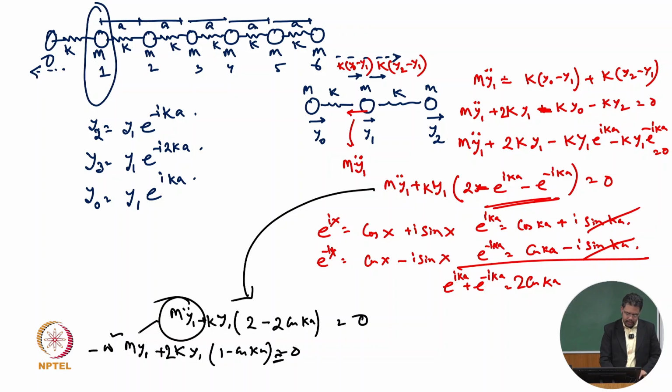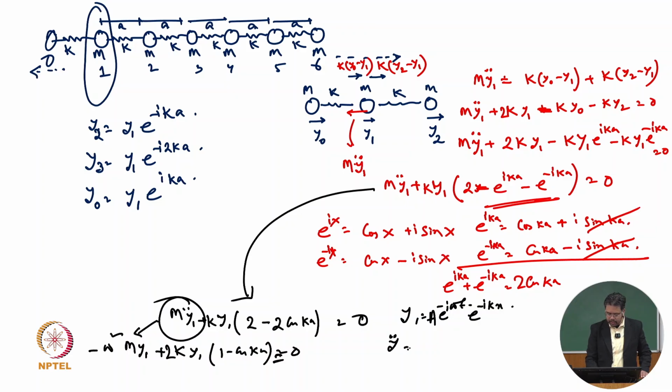This portion, what I did, I assume the steady state solution and the harmonic solution. I can also write that y equal to a into e to the power of minus i omega t into e to the power of minus i k x.